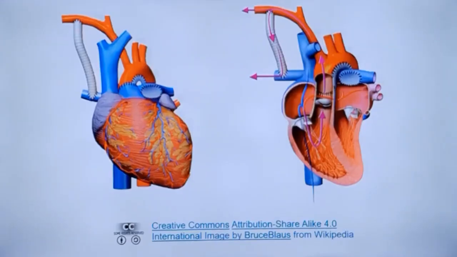This is a diagrammatic representation of the Norwood procedure. As the aorta is small in hypoplastic left heart syndrome, the proximal portion of the pulmonary artery is taken, and along with the valve, it is used to reconstruct the proximal aorta, this region, and it is connected to the right ventricle.